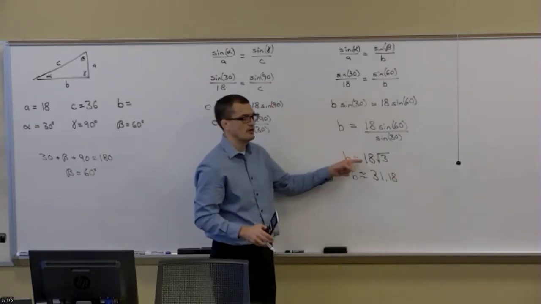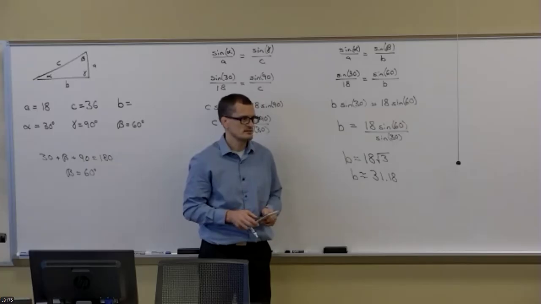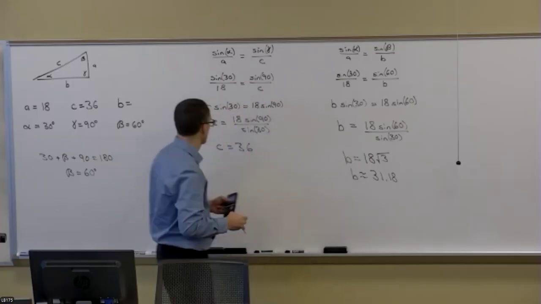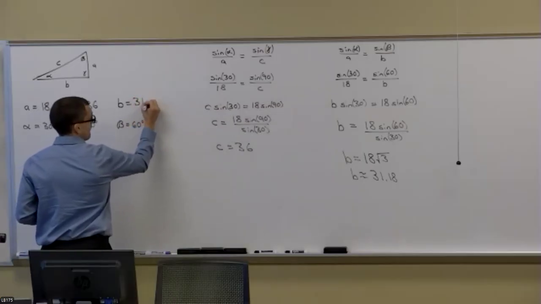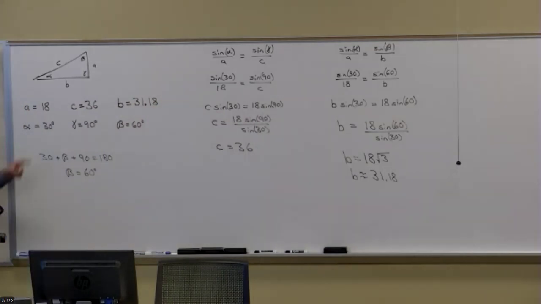By the way, you don't have to know that that's 18√3. I'm just telling you it is. You can type that in and get that. And there, we've solved this right triangle using law of sines.